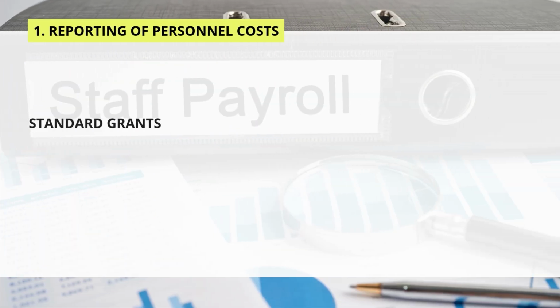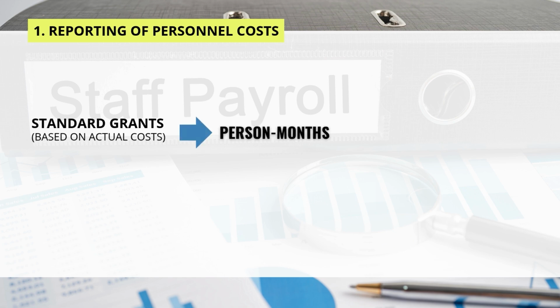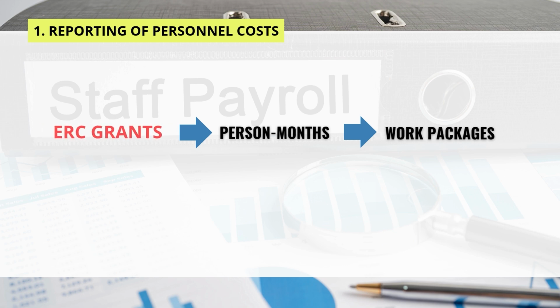In standard grants, based on actual costs, beneficiaries report total personnel costs in their financial statements, along with details on how person months are allocated to specific work packages. ERC projects, however, follow a more flexible approach. Unlike standard grants, ERC projects do not require a predefined framework of work packages.